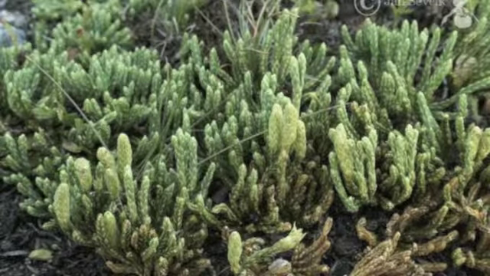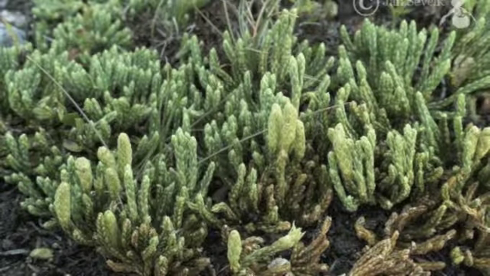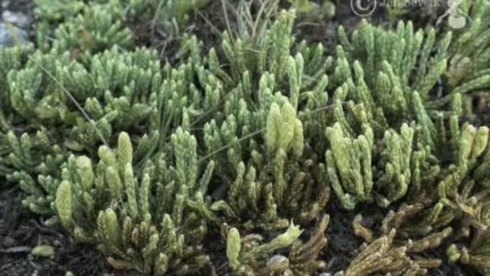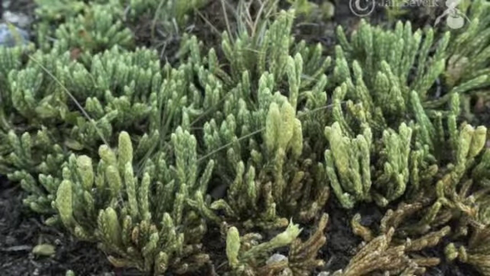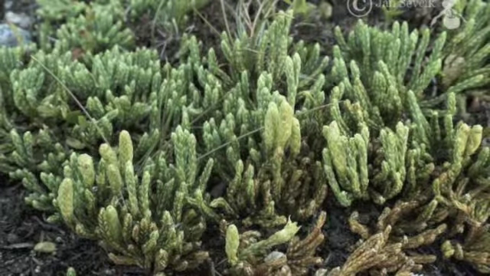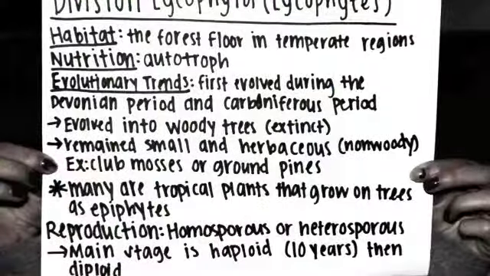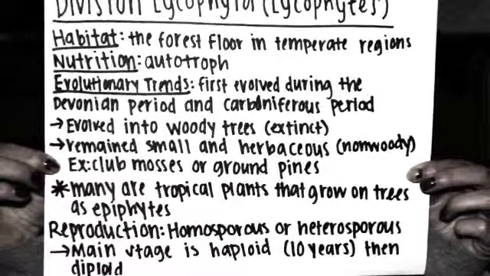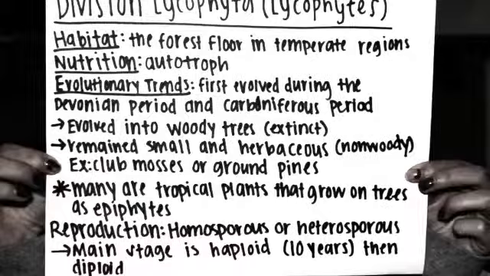So here you can see a picture of what a lycophyte looks like, and as in the picture, most lycophytes' habitat is on the forest floor. The division lycophytes' habitat is on the forest floor in temperate regions as well as tropical plants that grow on trees as epiphytes.